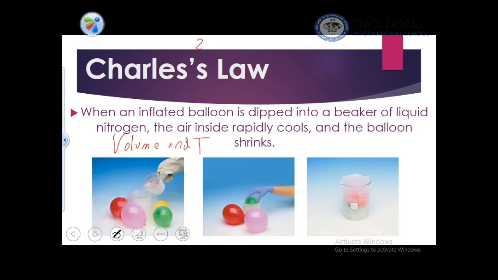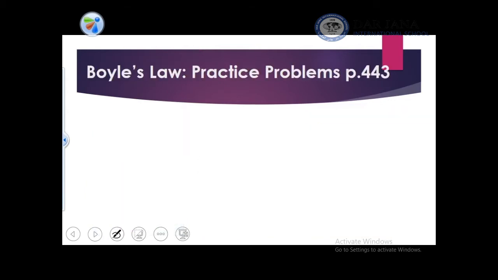With respect to pressure, pressure is constant. If we move a little back to Boyle's law, it studies, as we said, the relation between pressure and volume. What about temperature? Temperature is constant.